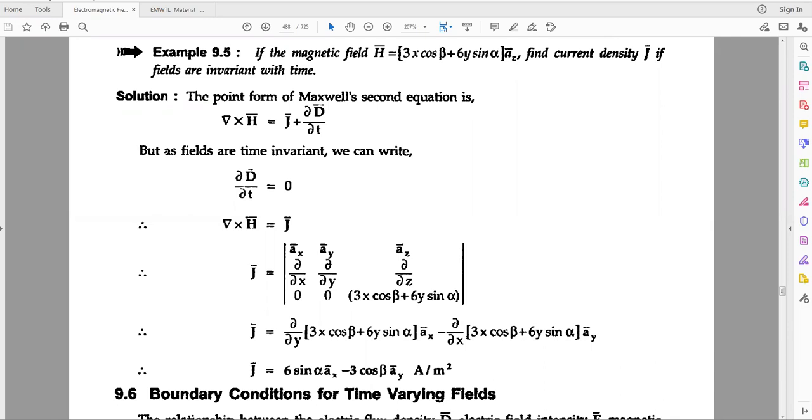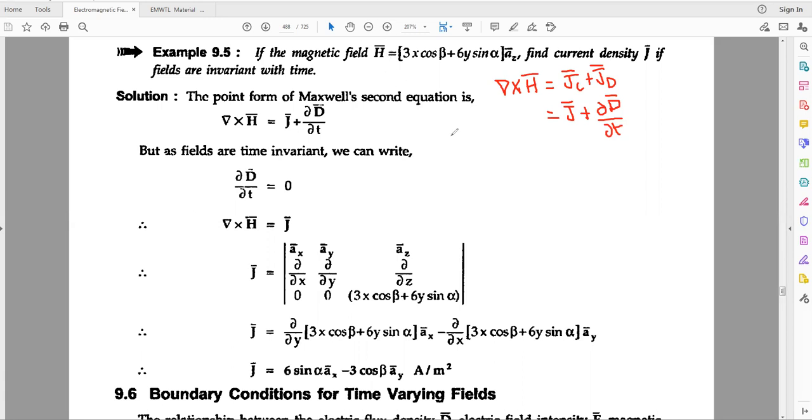See, one of the Maxwell's equations we know is the modified Ampere circuit law. Del cross H bar is equal to JC bar plus JD bar. That JC is the conduction current density, you can write as J, and JD is dou D bar by dou T, the displacement current density.